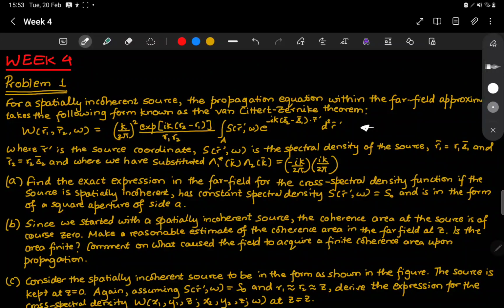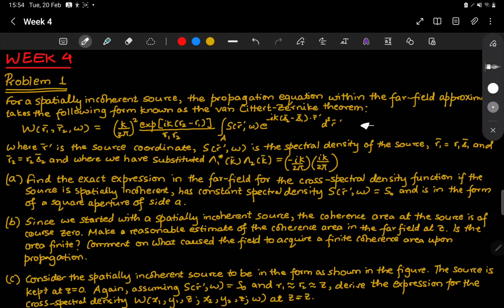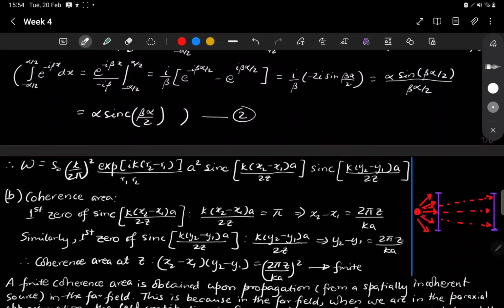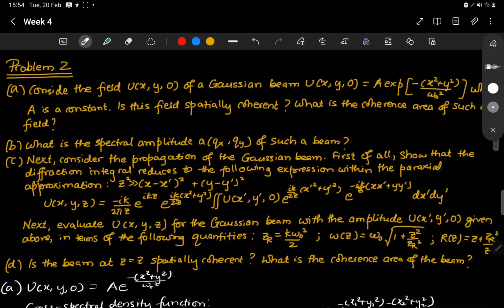So this week we looked at the Van Cittert-Zernike theorem and propagation, both propagation of the cross-spectral density function, which is given by the Van Cittert-Zernike theorem, and also propagation of the field, which is given by the diffraction integral. So if we know the field at z equal to 0, then we can find the field at a given finite z by means of the diffraction integral, which was what we did in problem 2.